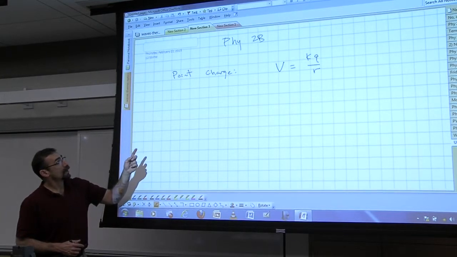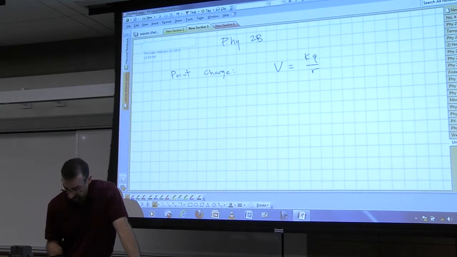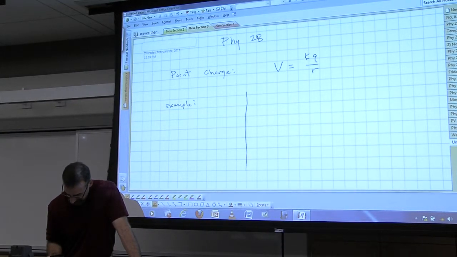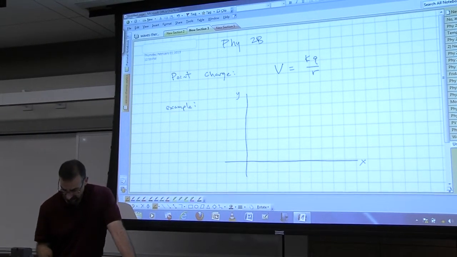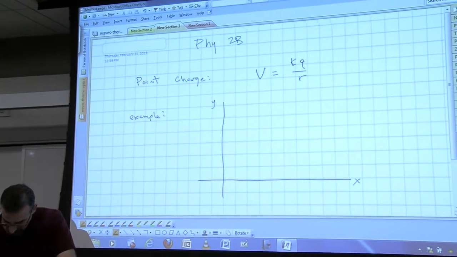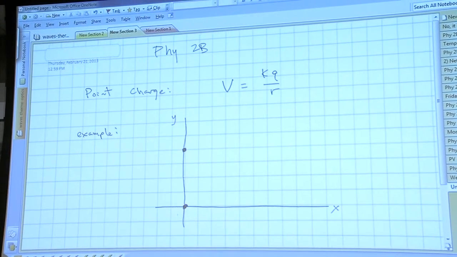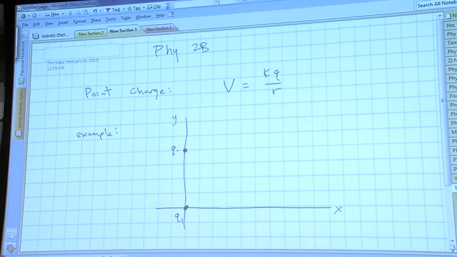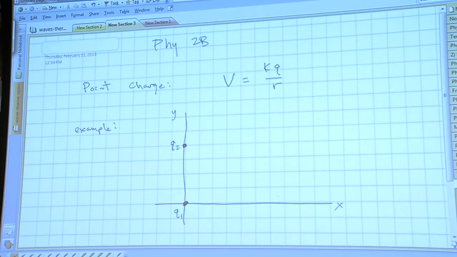And what happens if we have multiple point charges? We can do that. Let's do that problem. So let's say we've got an xy coordinate system, and we've got some charges, maybe one over here and one over here, q1 and q2, and we've got another charge, where should we put it?